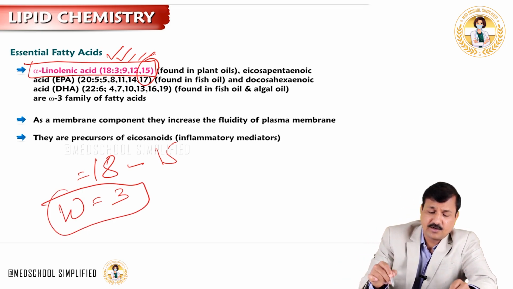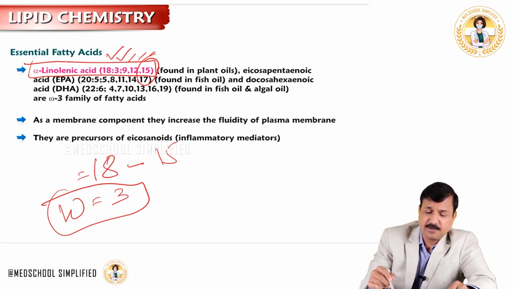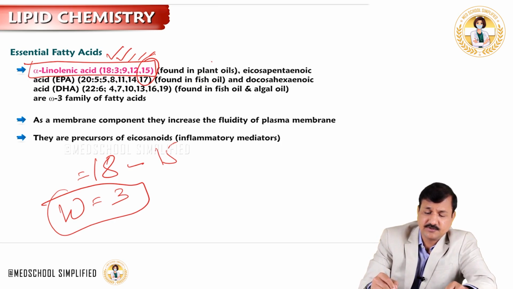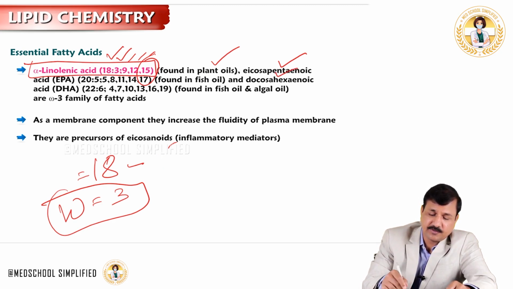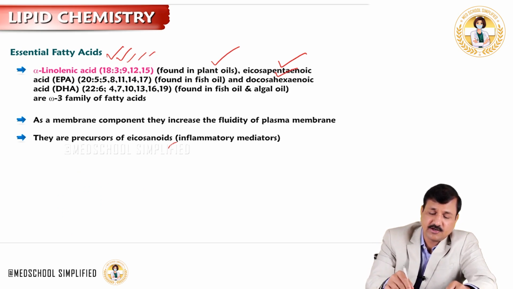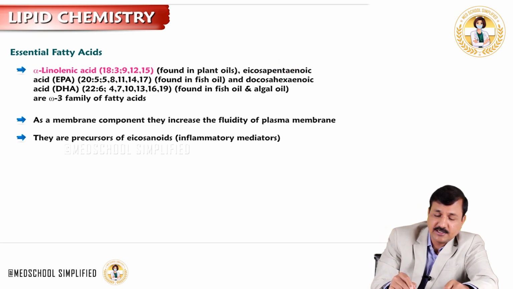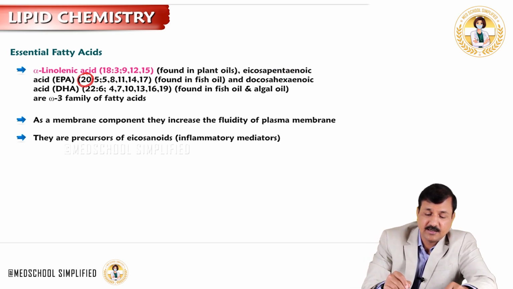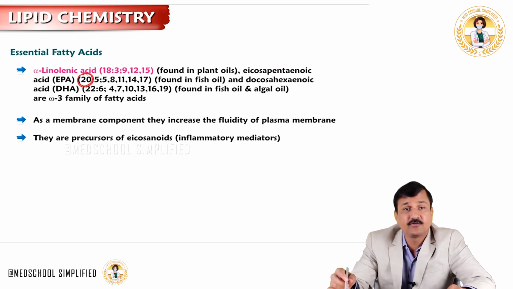Other examples for omega 3 family of fatty acids, other than alpha linolenic acid, which is coming from plant oils, are eicosapentaenoic acid and docosahexaenoic acid. Look at the numbering of eicosapentaenoic acid and docosahexaenoic acid. You can also find out whether they are omega-3 or not. So look at eicosapentaenoic acid. It has a total number of carbons as 20. 5 double bonds are there and they are present at 5, 8, 11, 14 and 17.